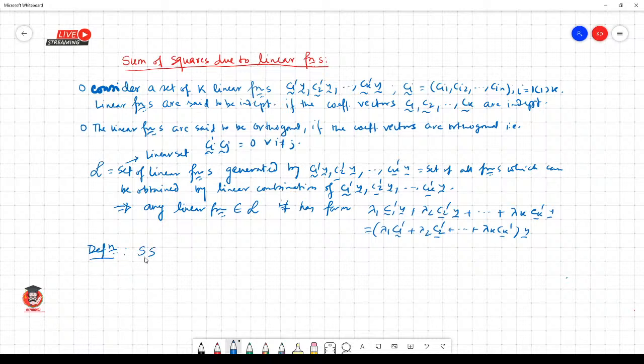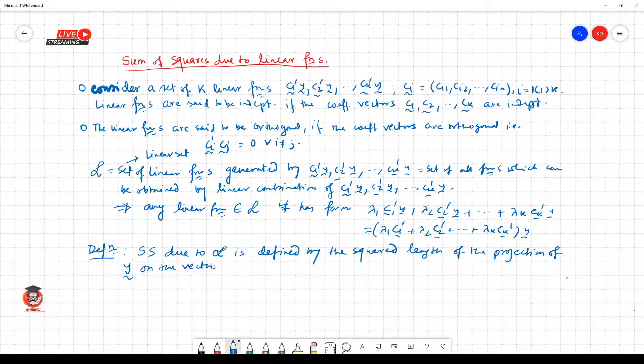S is due to the sum of squares due to script tail, which is defined by the squared length of the projection of y curl on the vector space generated by C1 curl, C2 curl, ..., Ck curl.